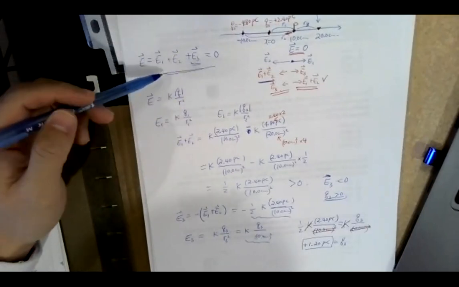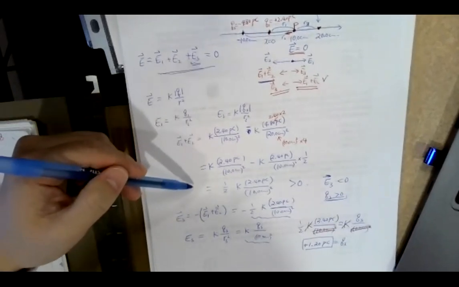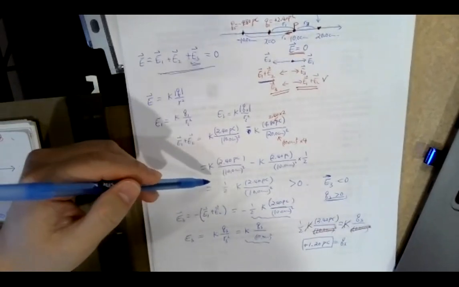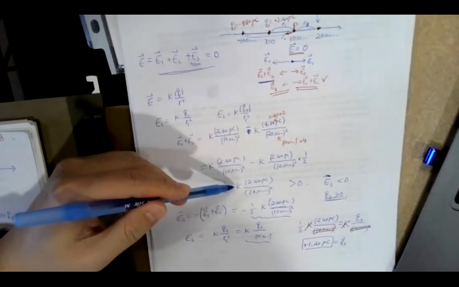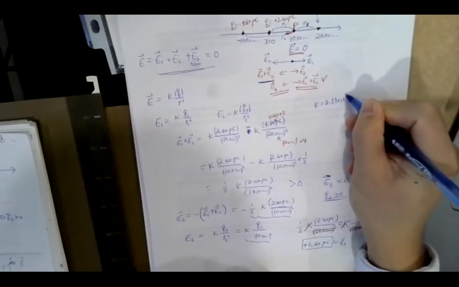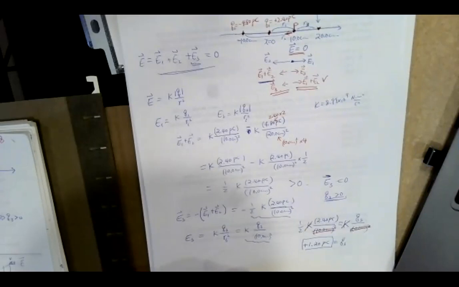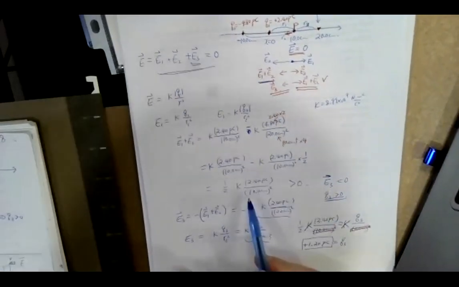Now, E1 and E2, you can calculate them. You can add them up and then see what number you get, okay? As I say, you can plug in K here if you want, but K is a constant number there.